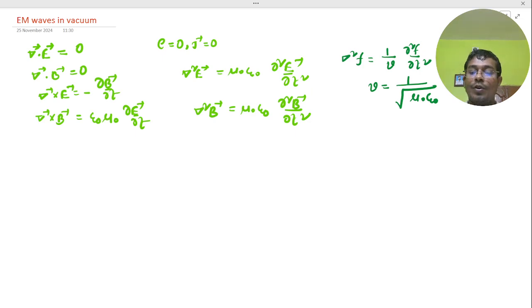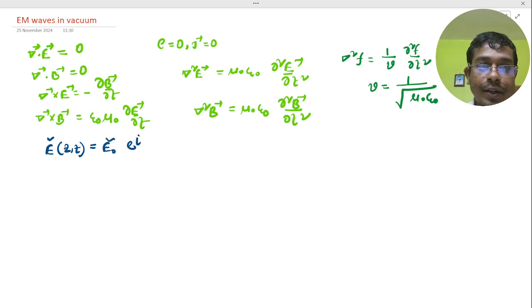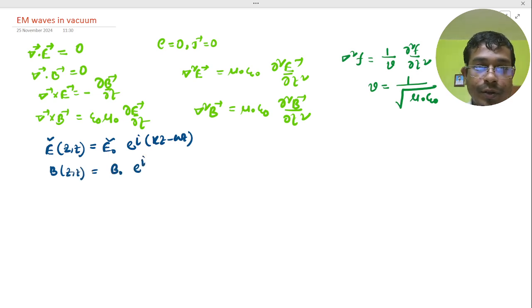And for the monochromatic plane wave, this is the formula for exam purposes: E(z,t) equals E naught exponential i(kz minus omega t), and B(z,t) equals B naught exponential i(kz minus omega t).